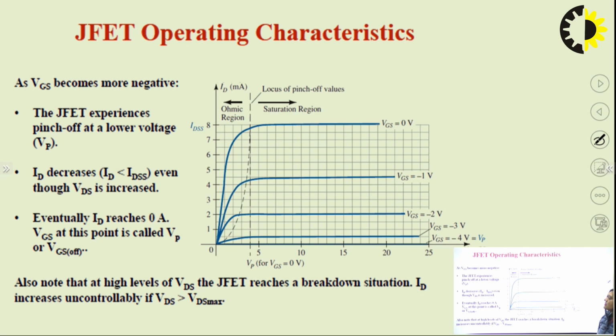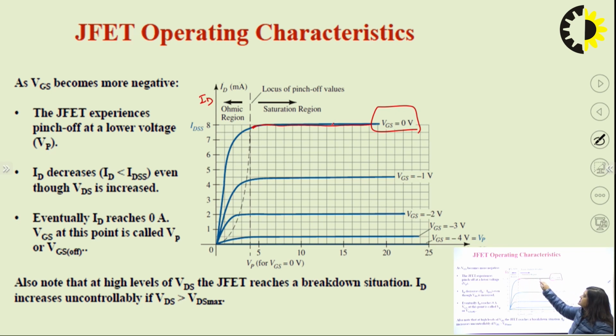This is the drain characteristic curve, plotted between VDS and ID, by keeping VGS constant. This is the curve when VGS is 0. Current increases with the increase in VDS, and at a point it becomes constant.